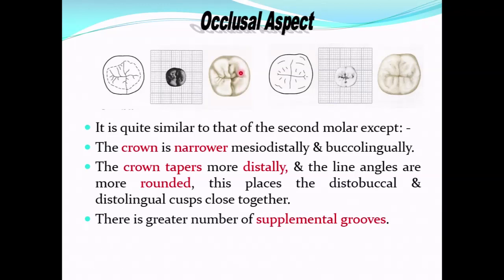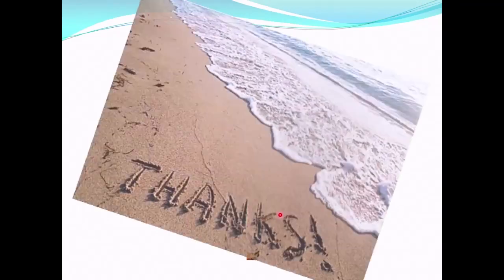Here the distance is less than that here. Why? Because the crown already tapers more and is more rounded, placing these two cusps closer to each other. So these two cusps are closer to each other than in the mandibular second molar. Thank you very much.